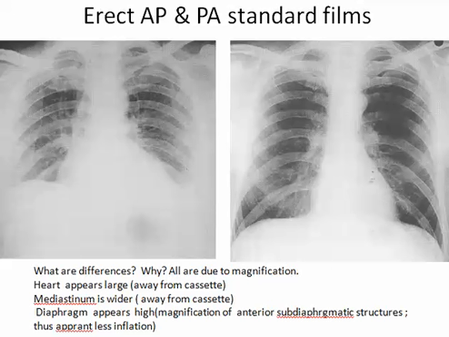The heart appears larger because it comes away from the cassette in the erect AP film. The mediastinum appears wider. The diaphragm appears higher due to magnification of the anterior subdiaphragmatic structures, thus apparently less inflated.